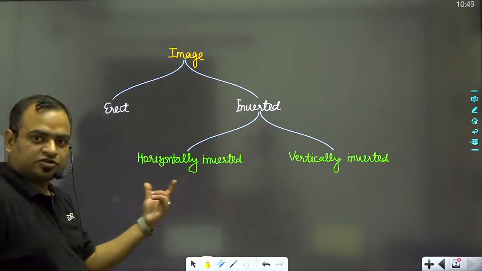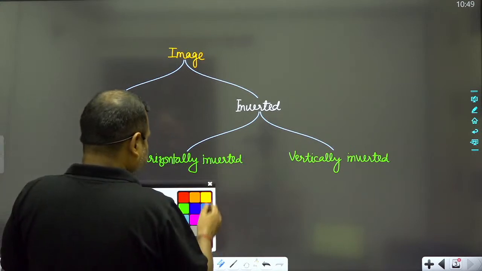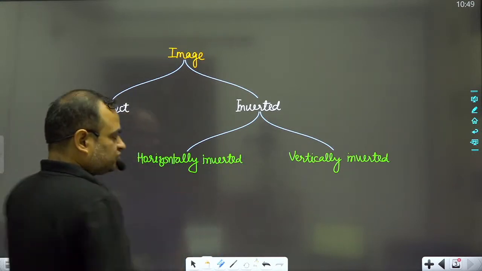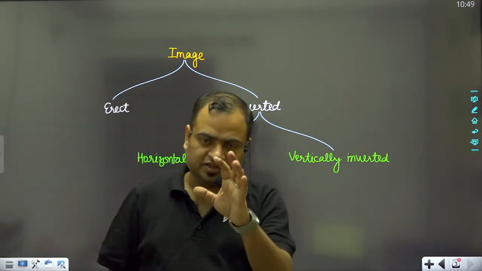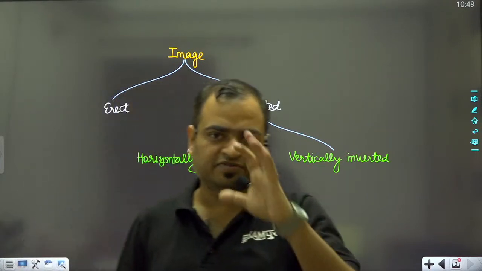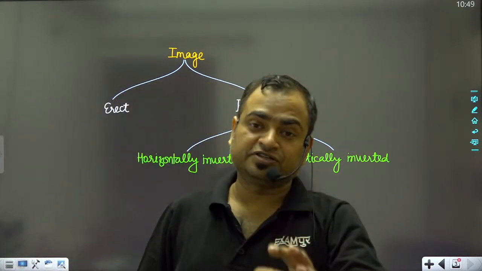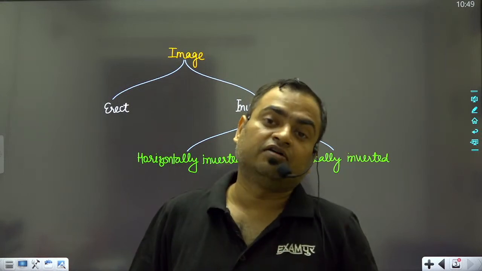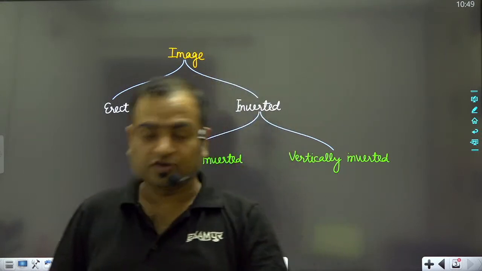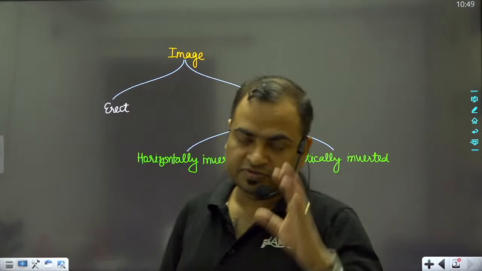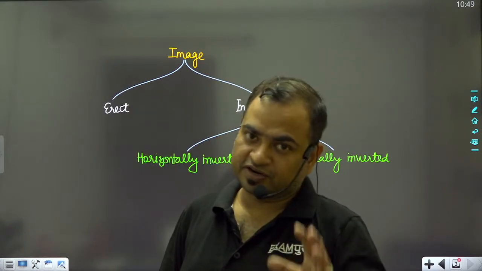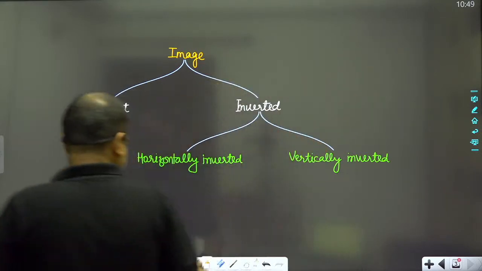When we talk about the horizontally inverted image, whenever we see our face in a mirror, the image formed is always a horizontally inverted image. So in a mirror, a horizontally inverted image is always formed.